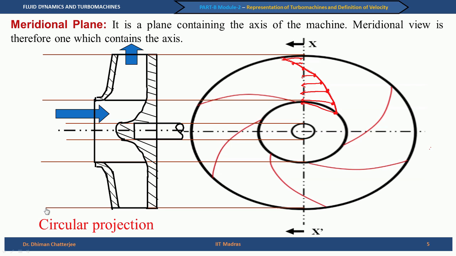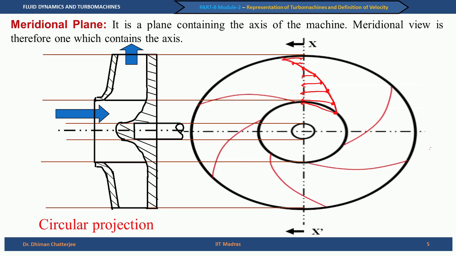I repeat that if you take a plane which passes through the axis of the impeller, it would have cut the blades in such a way that if I look from the sides, I will see two vane passages, or one vane passage and its neighbor.